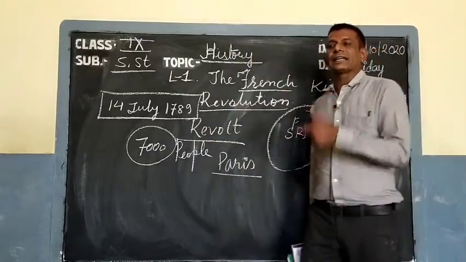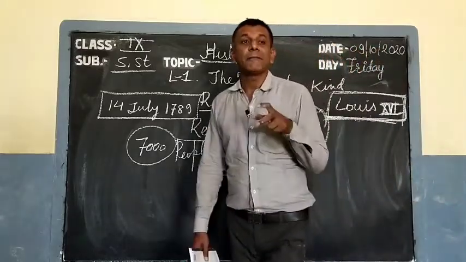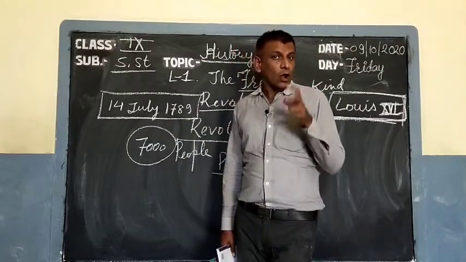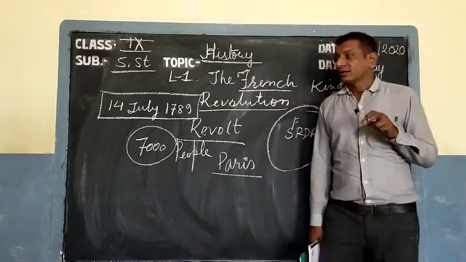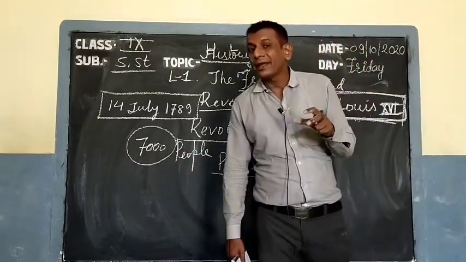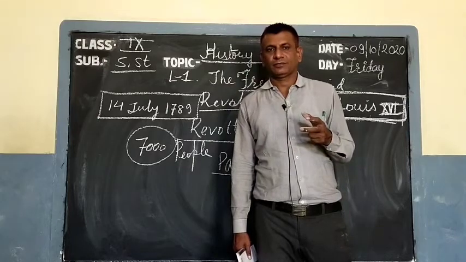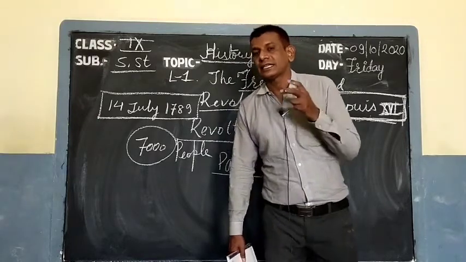And the third category was the common man. The common man was not satisfied because they were bound to pay high taxes and unnecessary taxes by Louis XVI.